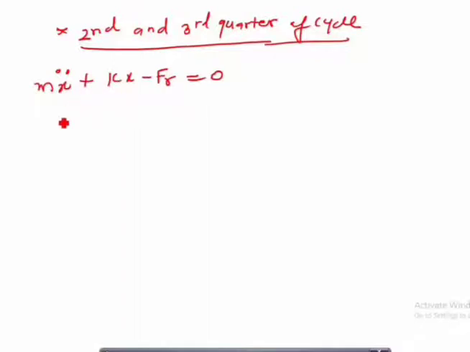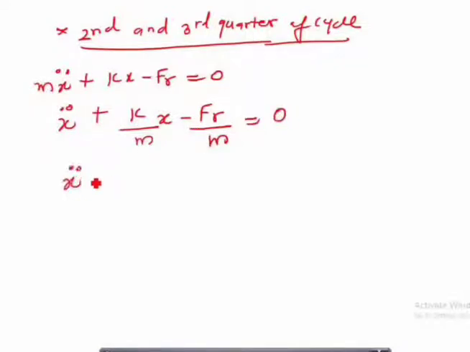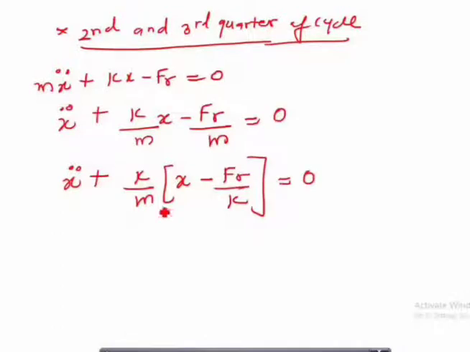From this I will get x double dot plus k upon m into x minus Fr upon m equal to 0. With the same procedure, taking k upon m as common, here we get x minus Fr divided by k, and this is equal to 0.